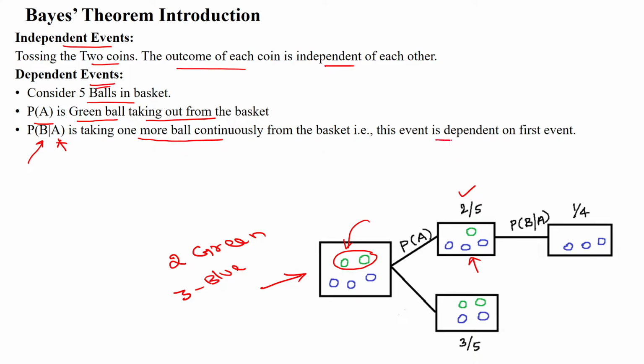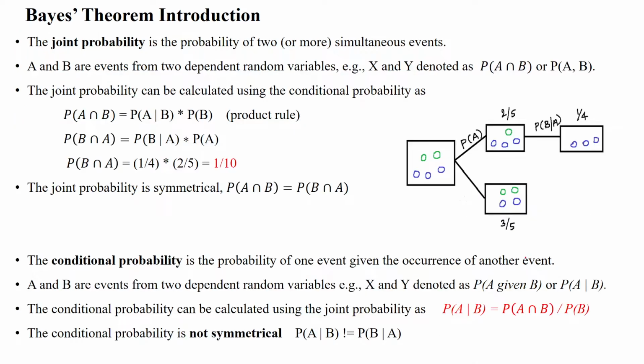This event is dependent on the first event. Here the total number of balls is 4, and the green ball is 1. So probability of B given A is 1 by 4. This event depends on the previous event, so this is called dependent events.